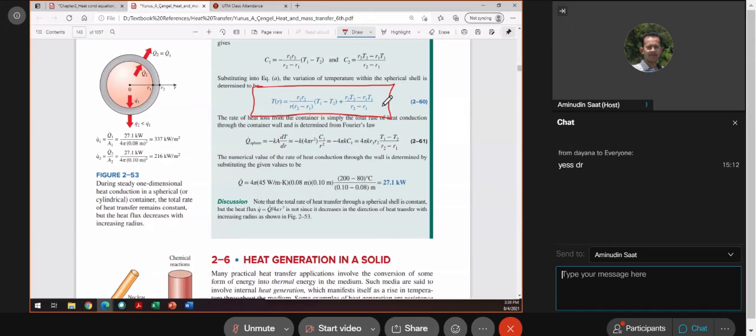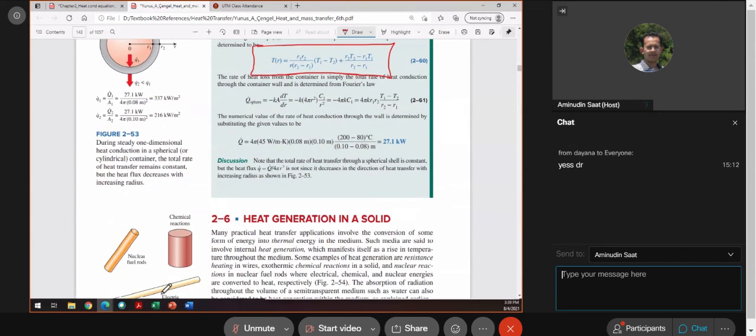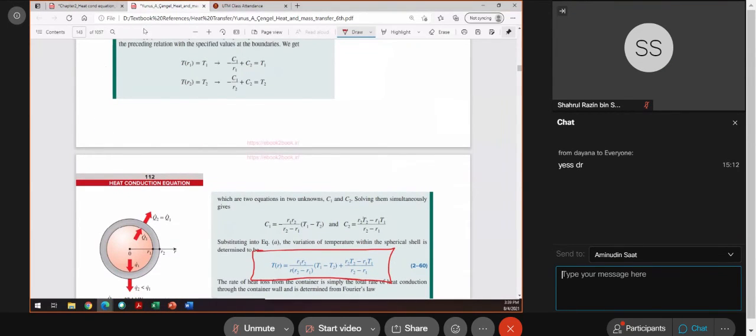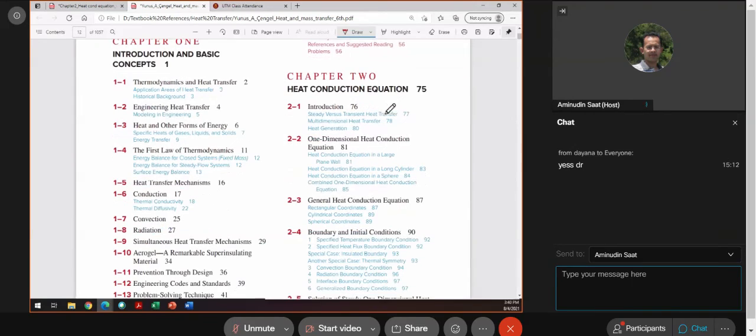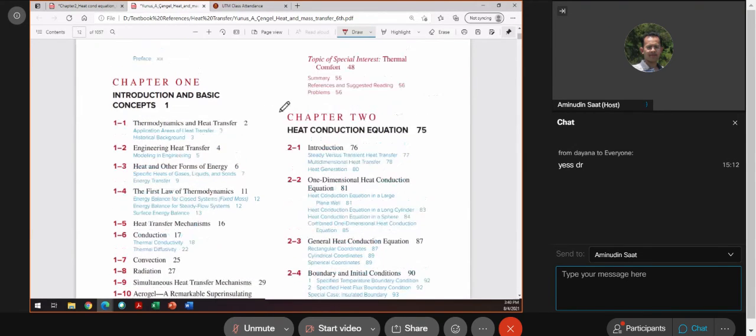Because for the next topic, we will go to a simple heat conduction analysis, where we use more of the steady state. This is the heat conduction equation.